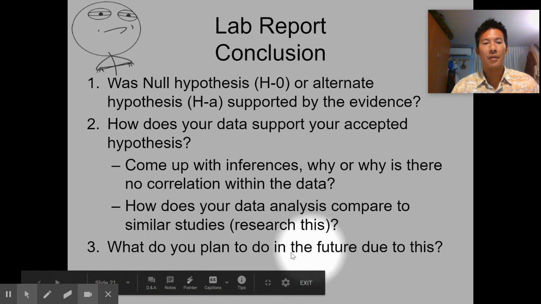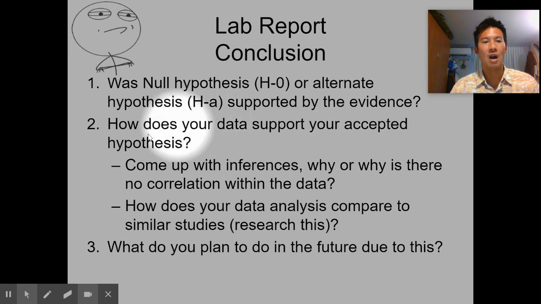Now these three things should all relate. What your future plans and future studies will be should relate to how your data supported your hypothesis or your null hypothesis. Was there something wrong with the research? Was there something wrong with the experimental design? How will you fix that?